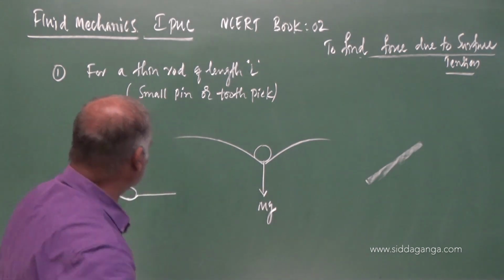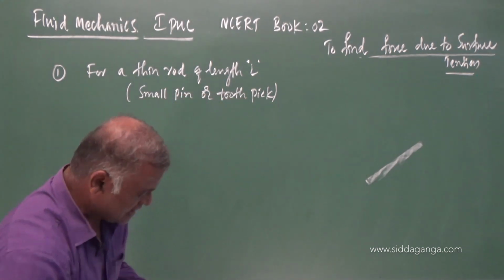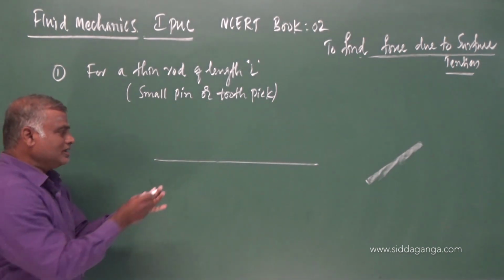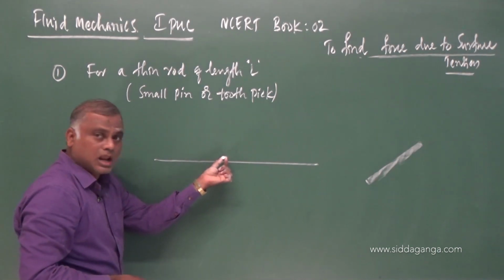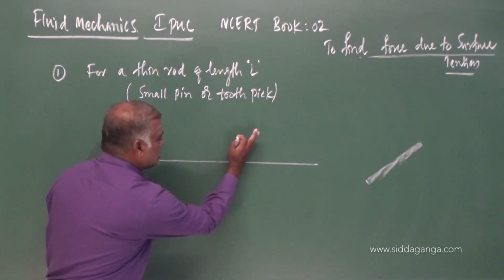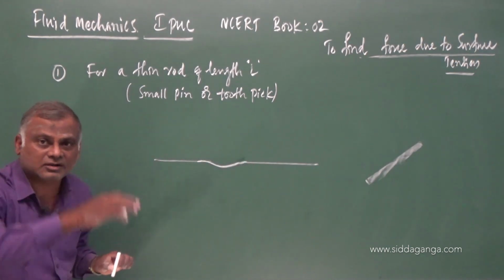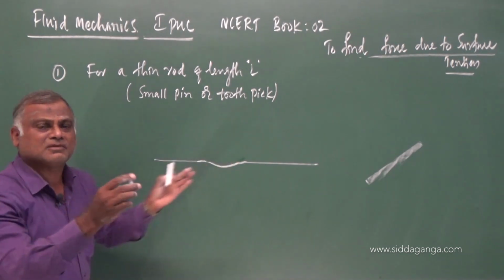Say there is a free surface of fluid. On the free surface of fluid, if you place a small needle, there is a small depression here. I have written a slightly enlarged, magnified image.